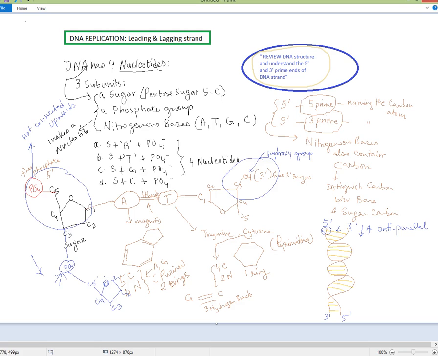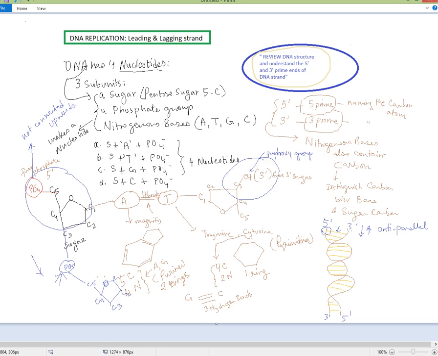Whatever you do, if you keep stacking more and more nucleotides on top or at the bottom, you'll always find one phosphate group free at one end, and at the other end carbon number 3 is free and attached to a hydroxyl group. It's never ending.